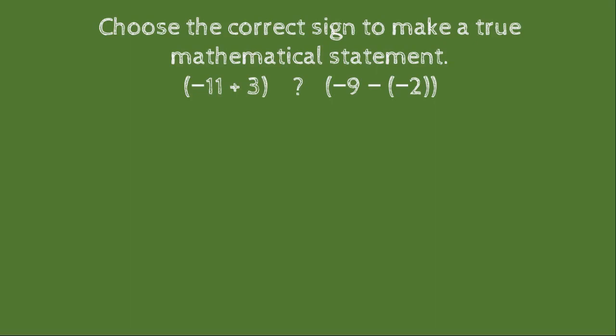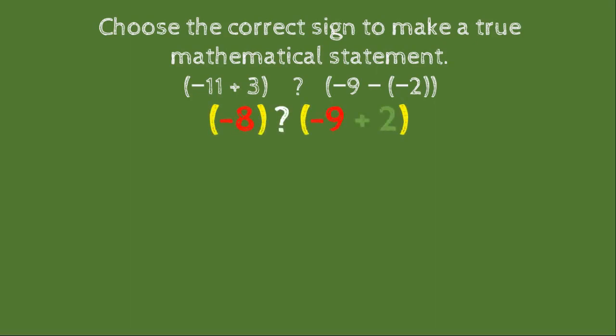Our next example: choose the correct sign to make a true mathematical statement of the following. So we have parentheses, negative 11 plus 3, and we have a mystery sign, and parentheses, negative 9 minus parentheses, minus 2.